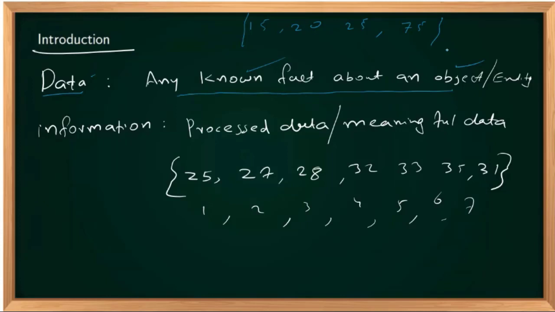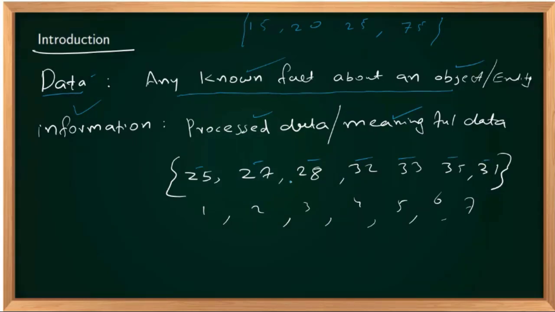There is no meaning in them. What is information? Information is processed data. Meaningful data is called information. The example is 25, 27, 28, 32, 33, 35, 31.